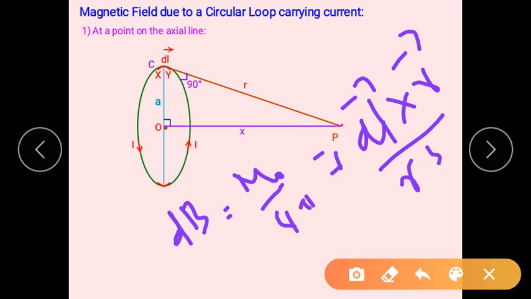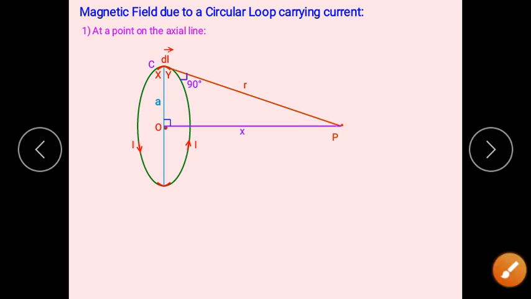Stretch your thumb in the direction of the first vector, all other fingers in the direction of the second vector, that is, thumb in the direction of dl and all other fingers in the direction of r, then the palm will point in the direction of dl cross r. The same will be the direction of dB. Okay, so let us do it.